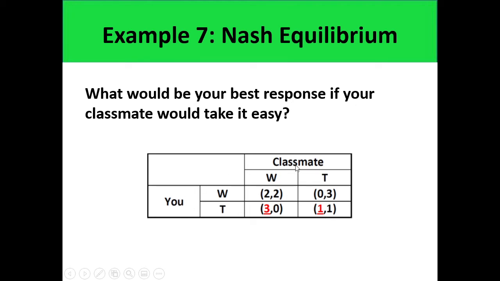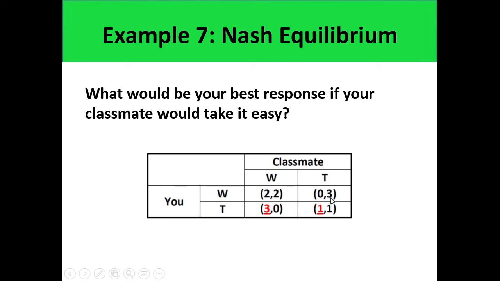This time, we will analyze the responses of the column player. Now suppose that the row player already made the decision of working hard. Then as the column player, we will get either 2 or 3. Now, if the row player decides to work hard, as a response, we should take it easy because taking it easy will give 3 compared to working hard, which gives only 2.